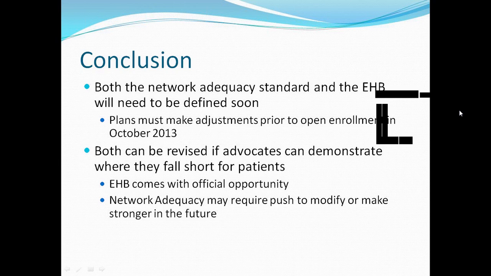When we talked about 340B providers being considered essential community providers under the ACA, and plans being required to contract with essential community providers, can you clarify for the group what exactly that means? Does that mean they're going to contract with them for all services? Does it mean they have to?